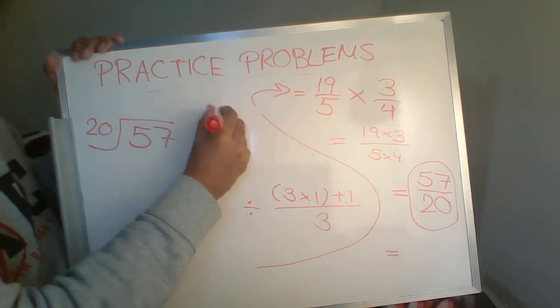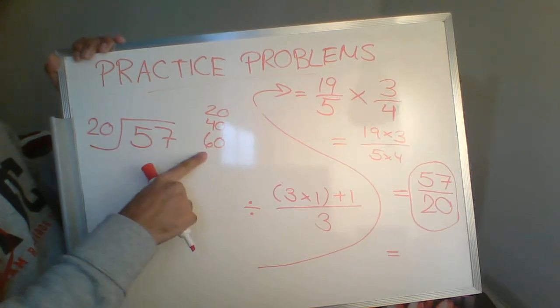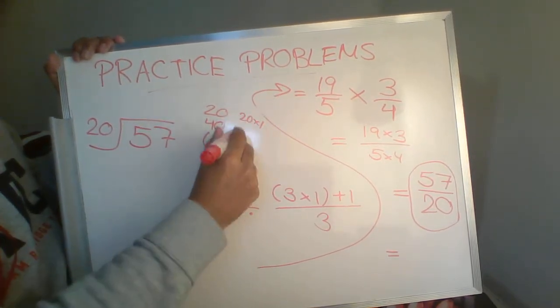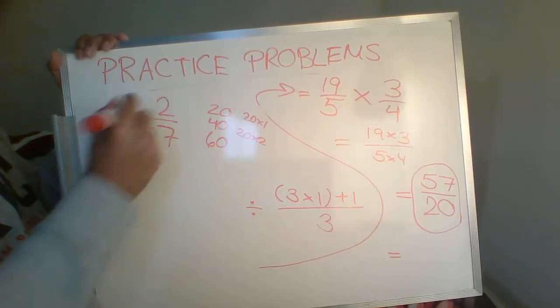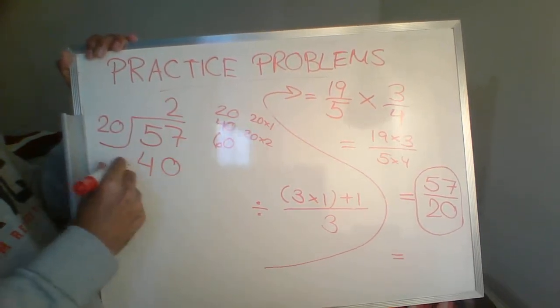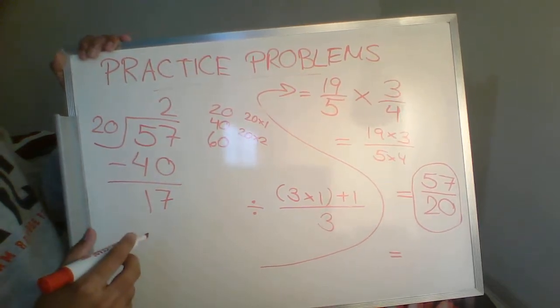Well, if we count by 20s, we'll get 20, 40, 60. 60 is too big, so 20 times 2, right? We got 20 times 1 is 20. 20 times 2 is 40, which is the most that we can fit. So we'll put a 2 up there. 20 times 2 is 40, so we put that down here. We subtract, and we're left with 17.